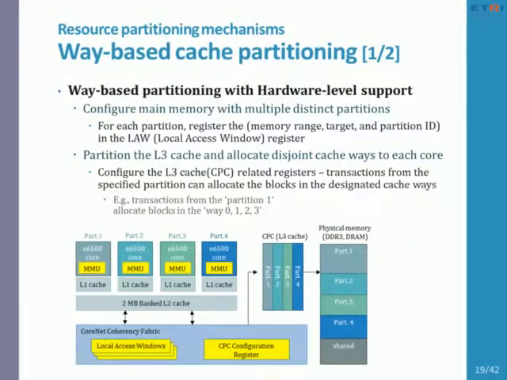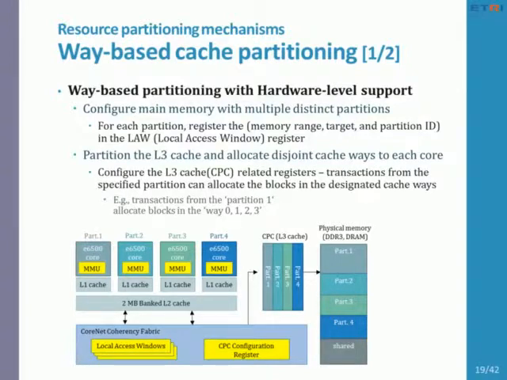Now I will present the implementation of way-based cache partitioning. The way-based cache partitioning is implemented using a feature supported by the P4080 hardware platform. First, we divide the physical memory into disjoint cache memory partitions like this, and we configure the local access window register and the memory management unit of the P4080 hardware to set up the physical memory like this.